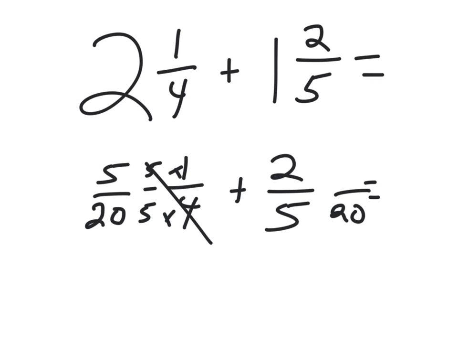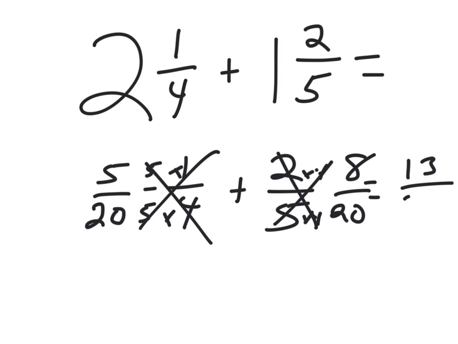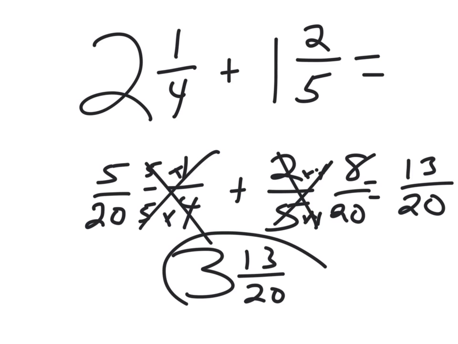So I've got 5/20ths plus 5 times 4 is 20, and 2 times 4 equals 8. 5/20ths plus 8/20ths equals 13/20ths. Put that together with 2 plus 1 is 3. So my answer is 3 and 13/20ths.